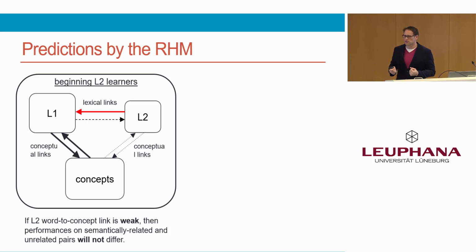And for beginning learners, what I'm assuming and predicting is that if beginning learners do not yet have direct access to their concept, then they will be using the lexical link between L2 and L1, and they'll basically translate directly, and they'll make a decision based on that without accessing the concept first, and the concept connected to the semantic field, right?